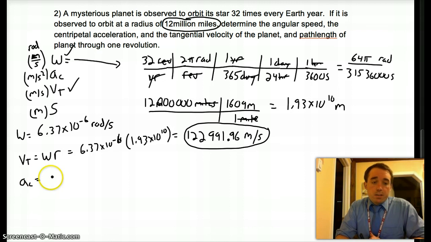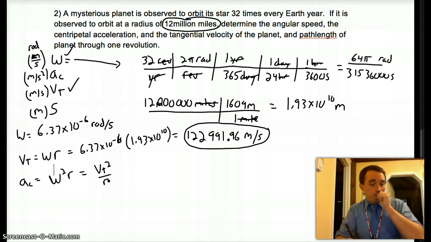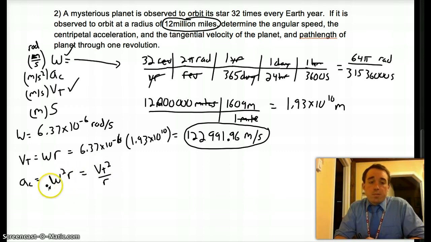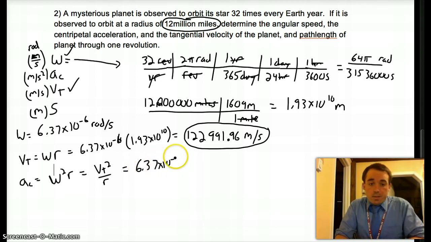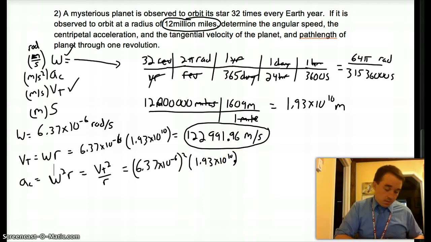Centripetal acceleration is found a couple different ways. Doesn't really matter which one we do. You can find it either through omega squared times r or vt squared over r. Again, doesn't matter which one you pick. Just for the sake that I drew this one first, I'm going to do omega squared times r. So my omega is 6.37 times 10 to the negative 6th. I want to square that, and then multiply by my 1.93 times 10 to the 10th.